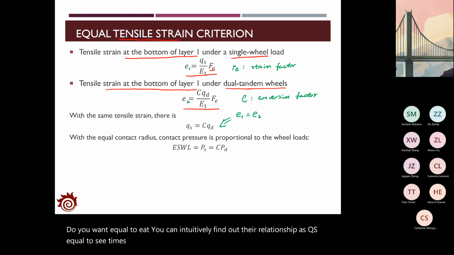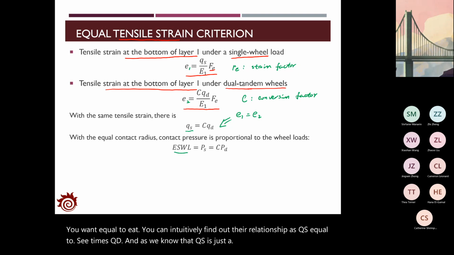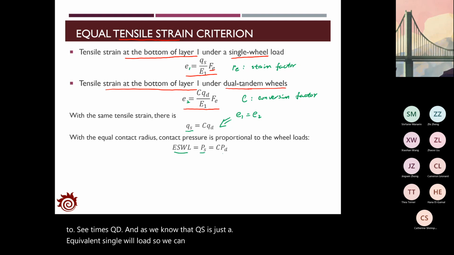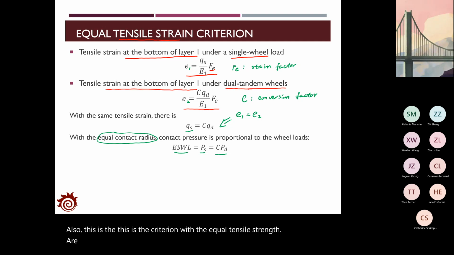And as we know, QS is just the equivalent single wheel load, so we can say that PS is also equal to C times QD, based on the assumption that the contact radius is the same. So this is the criterion with the equal tensile strain. The model will be much simpler. PS is just proportional to the value of PD.